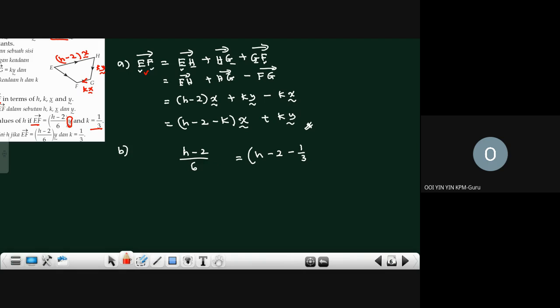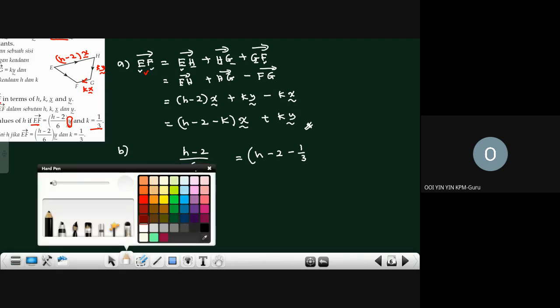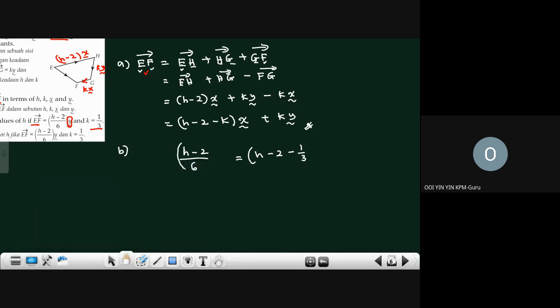Can you see Y? So that means this H minus 2 over 6 is attached to Y. And then they only give Y, equals to Y, only Y, right? No X. You see at your A, your EF is in terms of your X and Y, right? They only give Y, no X. That means your X here, the front is 0, because that's why your X did not appear here. It doesn't appear, so it means it is zero.